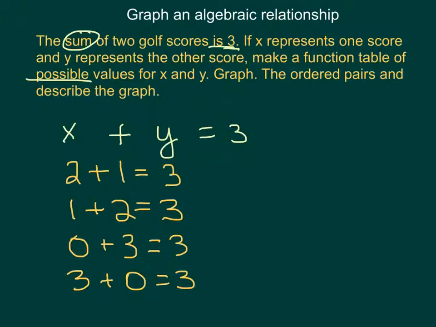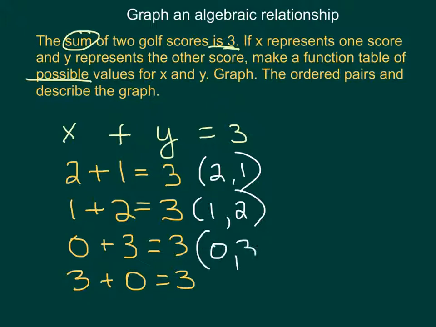Now that we have all the possibilities for obtaining the sum of 3, we can write out the ordered pairs. We would have (2, 1), (1, 2), (0, 3), and (3, 0).